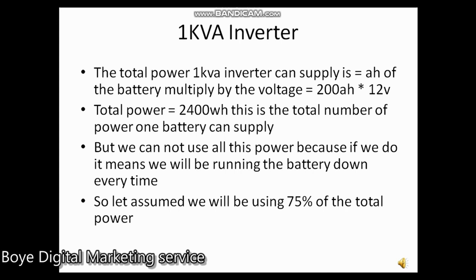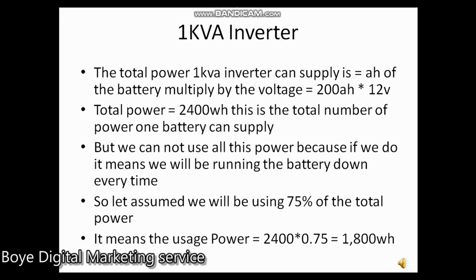We are using 75% of the total power. It means the usage power will be 0.75 times the total power. It will now give us 1800 watt hour. That is, to use 75% of the power, we are drawing 1800 watt hour.